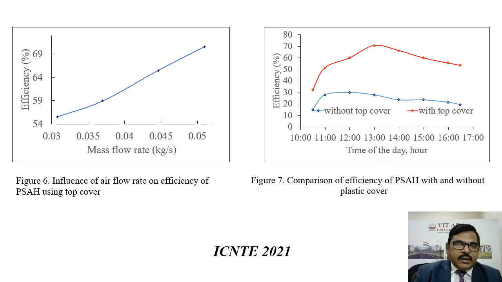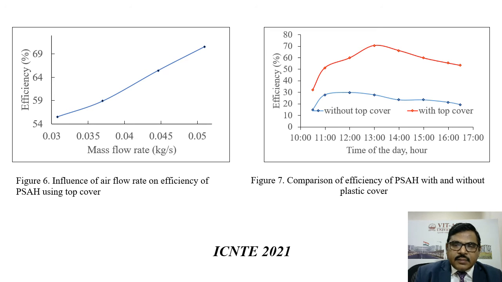And here you can see the experimental results on the graphs. The first graph here is the influence of air flow rate on efficiency of PSAH using top cover. Now you can see the efficiency is increasing as the mass flow rate is increasing.